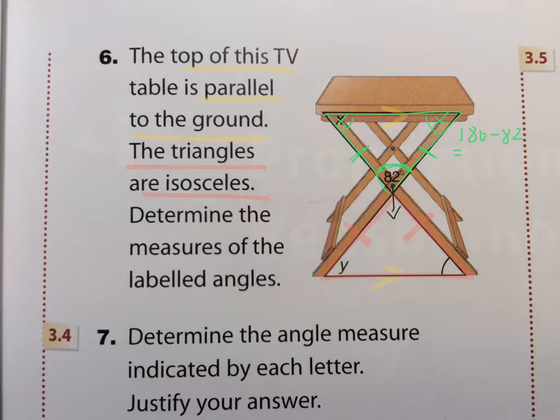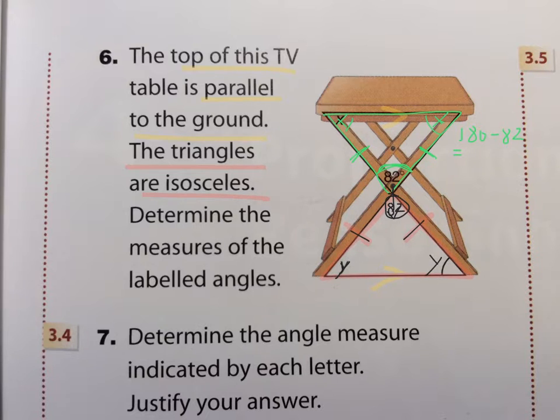The other thing that would be important, I can use that same property down below, but I can use the fact that this angle here would be equivalent to 82 because of opposite angles. And then I could use my isosceles triangle and know that if this is equal to this and this one is y, then this also has to be y. And do that again.